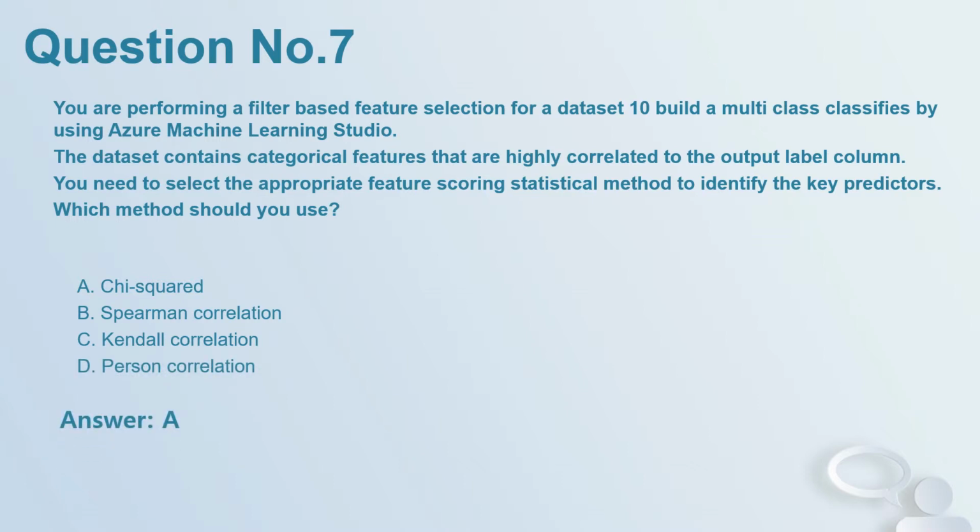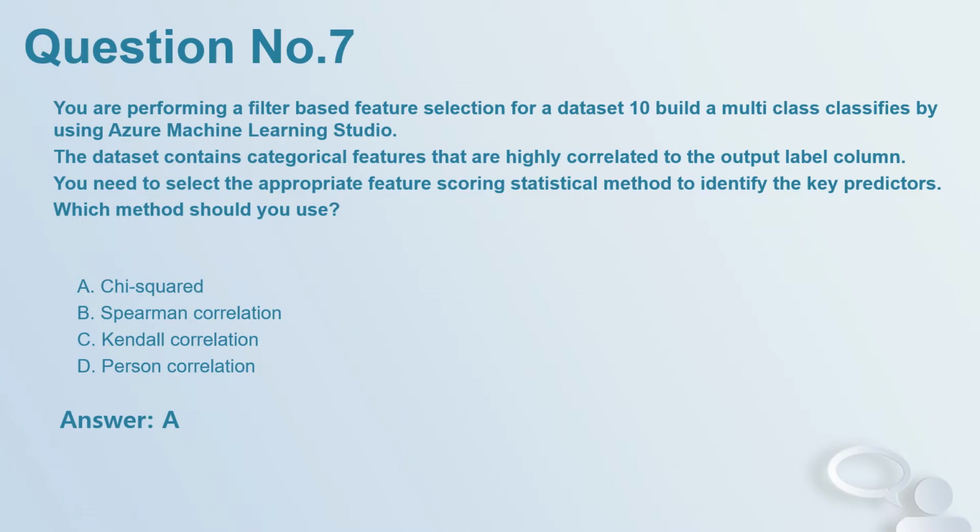Question number 7. You are performing a filter-based feature selection for a dataset to build a multi-class classifier by using Azure Machine Learning Studio. The dataset contains categorical features that are highly correlated to the output label column.